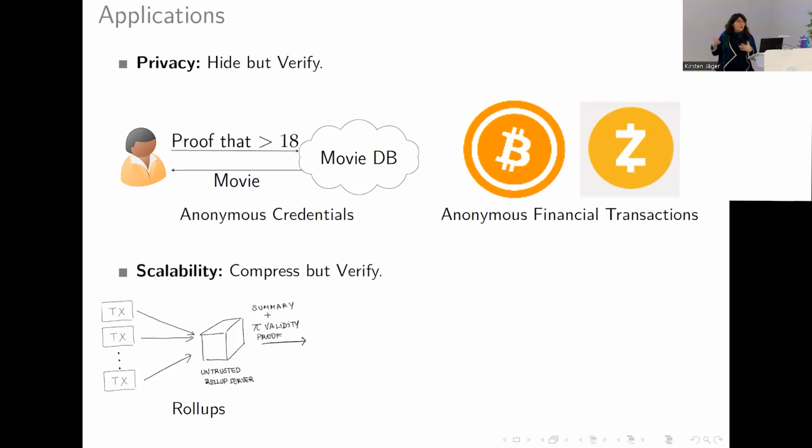So this is an example of a computation where we want to have a private input, and SNARKs allow you to do this very efficiently. The other super famous application of SNARKs in a privacy setting is anonymous financial transactions.